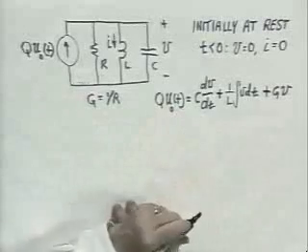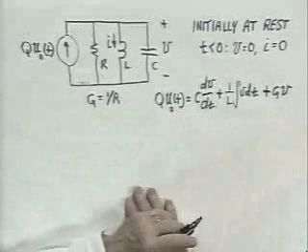It's convenient to use conductance instead of resistance because that gets me all the coefficients in the numerator.